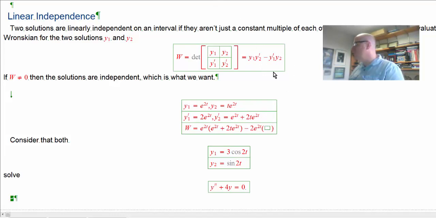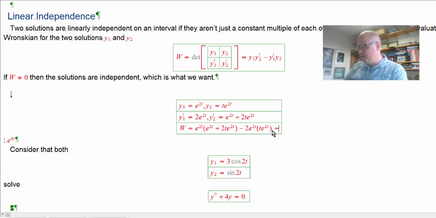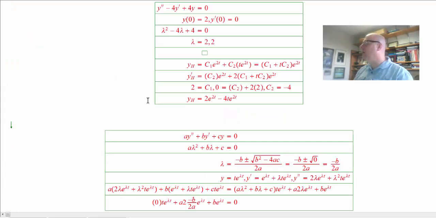I've chosen this way of expressing the Wronskian. When I clean this up, I'm just going to hit simplify. I get e to the 4t. More importantly though, it's not 0, never 0. So yes, these two solutions are independent, and it was okay to do what I did up here with them.